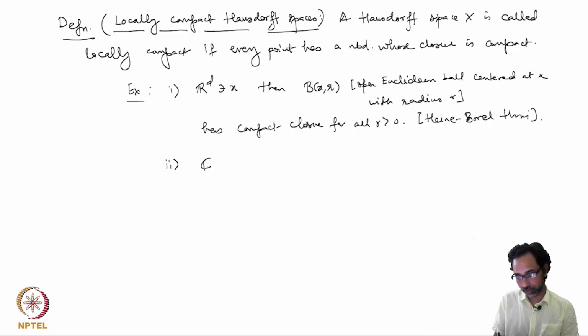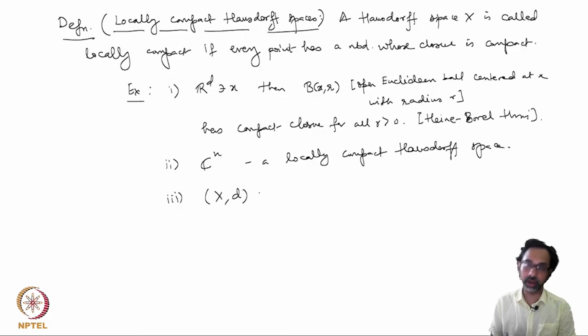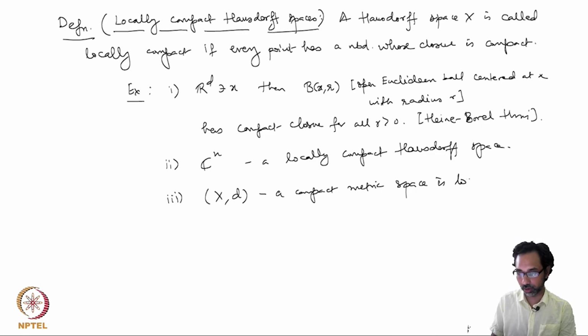Similarly, the n-dimensional complex vector space is a locally compact Hausdorff space. And any compact metric space is locally compact and Hausdorff.